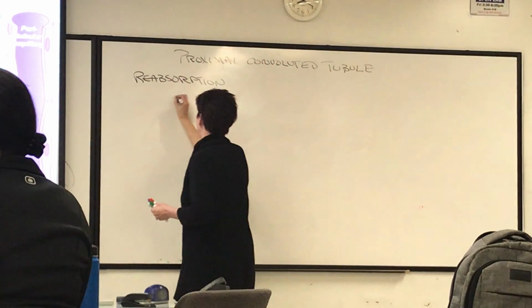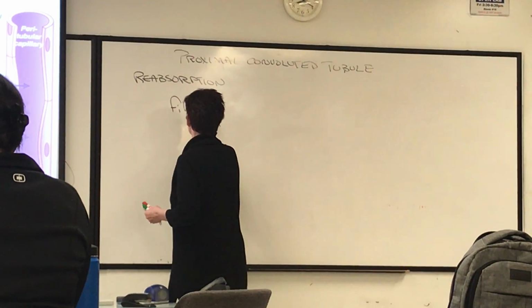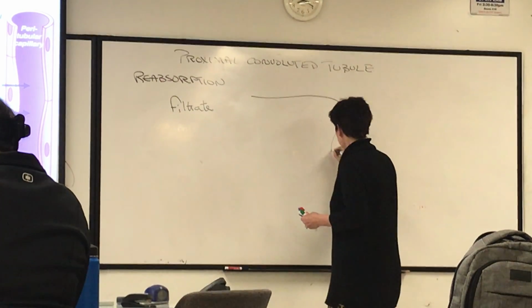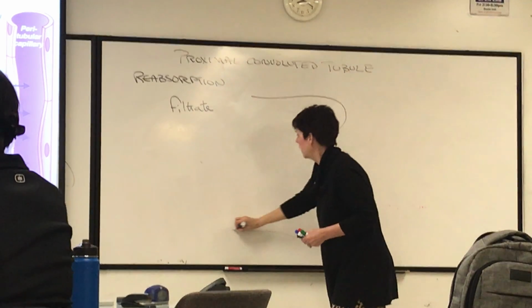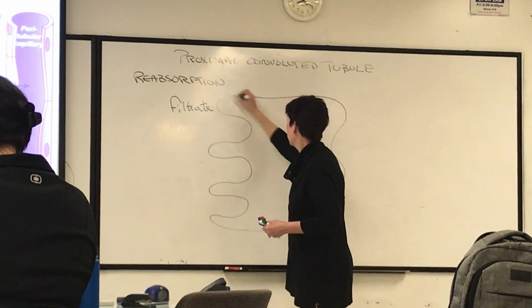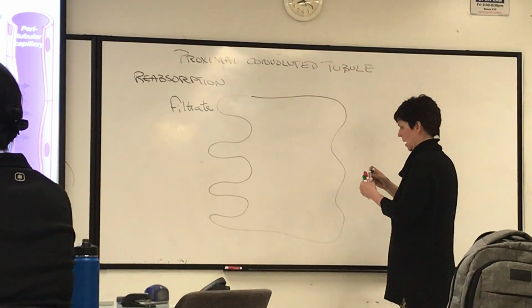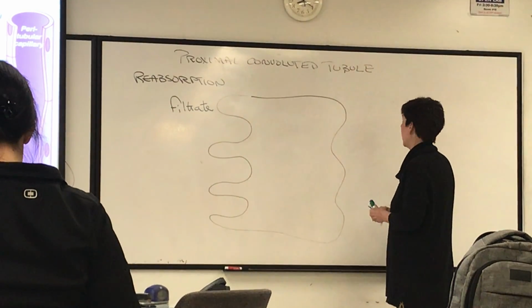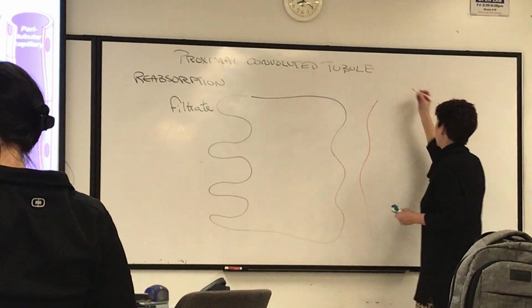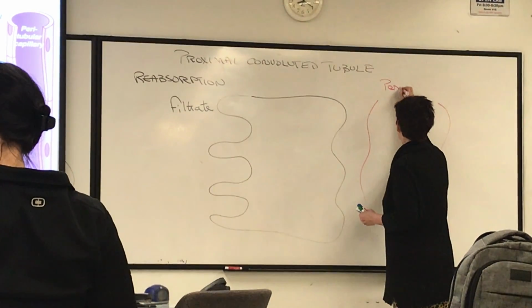The filtrate's going to be over here. Here's our simple cuboidal cell with the long microvilli, although I'm not drawing them in the same proportion of length. And then over here, we have the blood of the peritubular capillary.